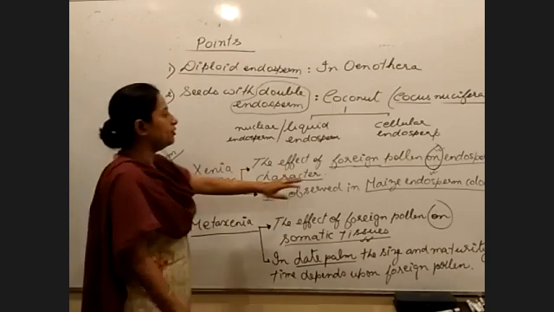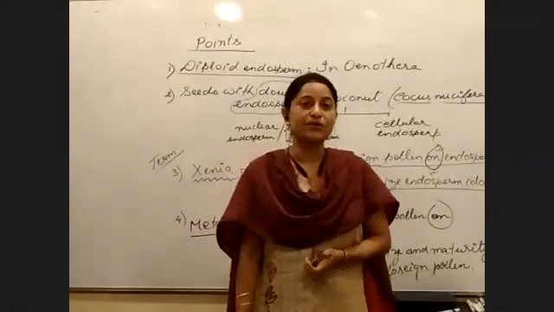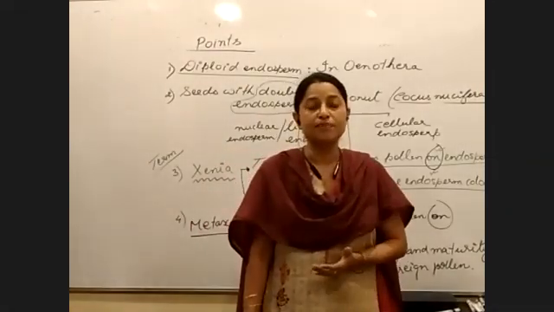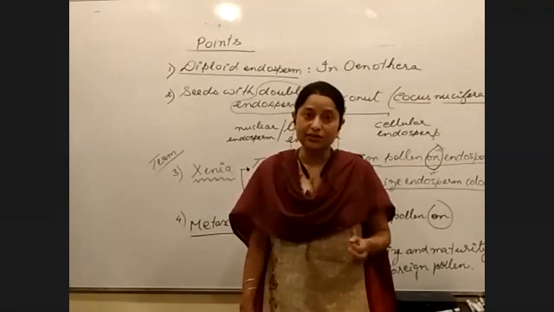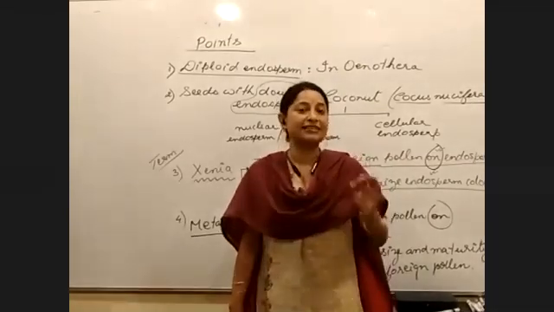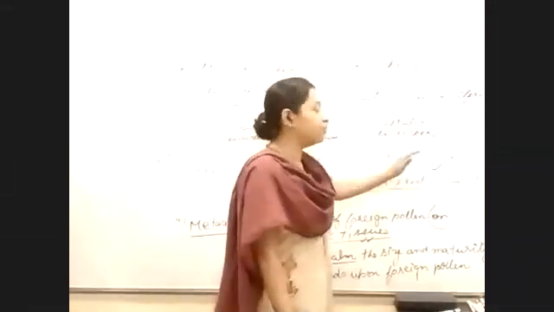Right? Foreign pollen on endosperm means what? The pollen that was supposed to fertilize or take part in double fertilization does not, and a different pollen tube penetrates, and a different male gamete does the work of endosperm formation. Then that is what is called as effect of foreign pollen on endosperm.